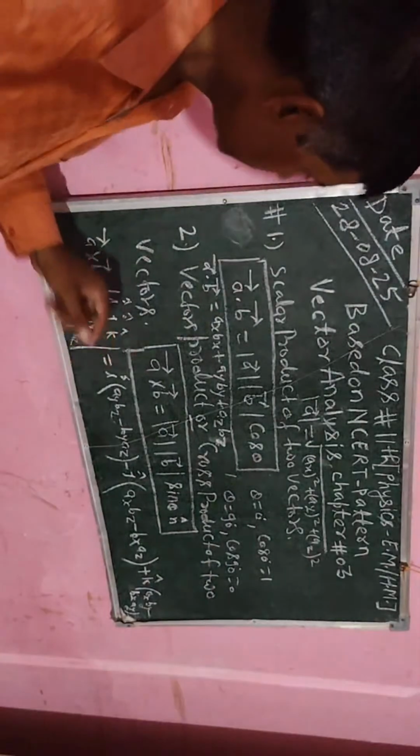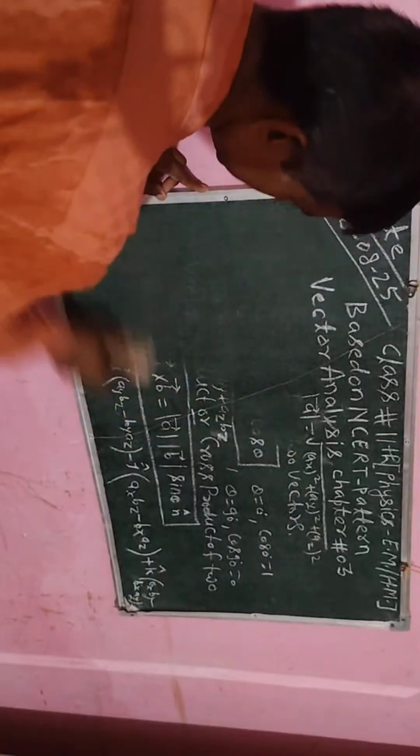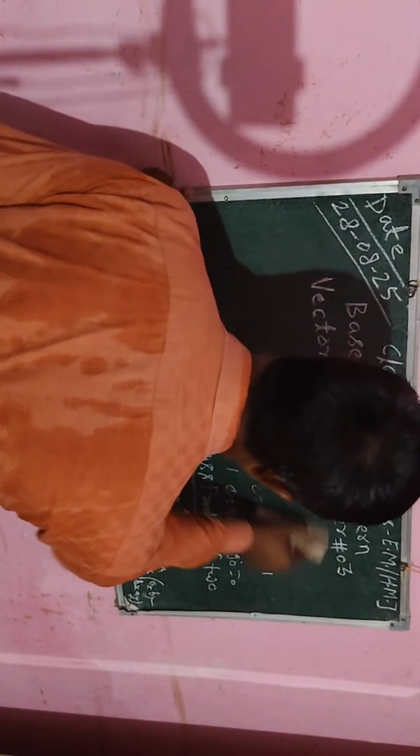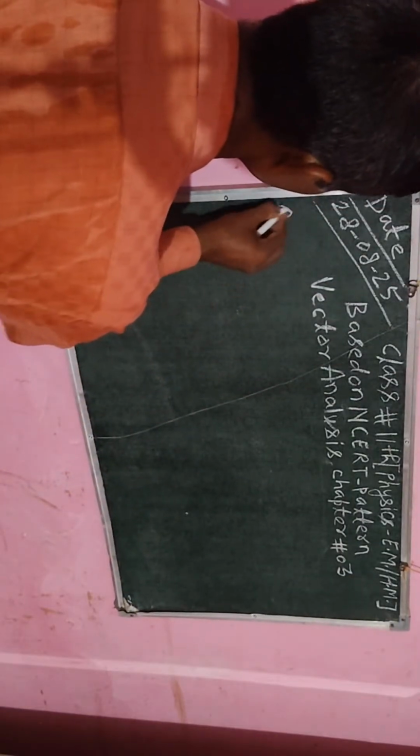Firstly I am going to erase, and after erasing I will write the appropriate questions, and then I will apply the appropriate formula for evaluating the solution of the requirement asked in the question. Okay student, so now here I am going to write question number 1.